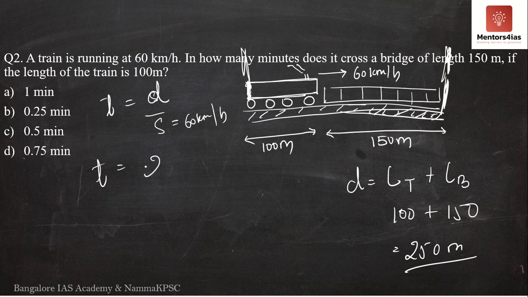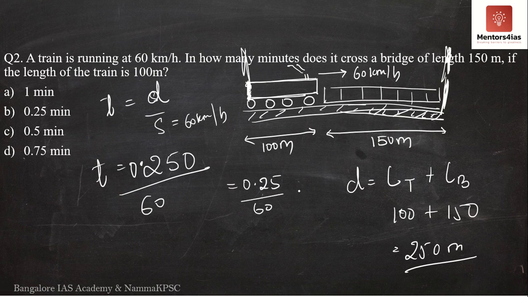Then how do you determine the time? 250 meters, or since speed is in kilometers per hour, we'll take it as 0.25 kilometers. 0.25 divided by 60. So the time taken is nothing but 0.25 by 60 hours. But look at the options. Everything is in terms of minutes.